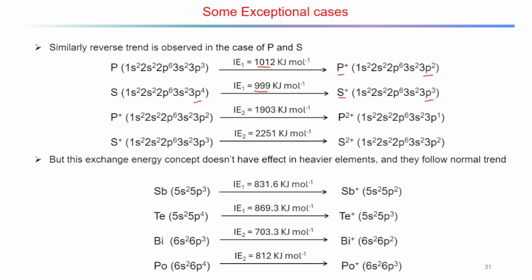So now sulfur positive is half filled. So it is much stable. So now if we try to remove one more electron from phosphorus positive and sulfur positive, we are removing an electron from this 3p2 and 3p3. So this time the second ionization energy will be lesser in case of P plus, whereas it will be higher in case of sulfur positive.